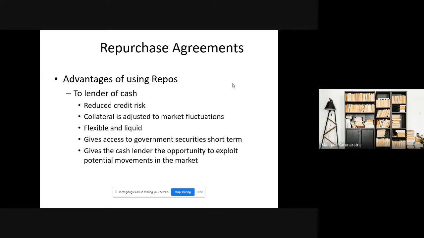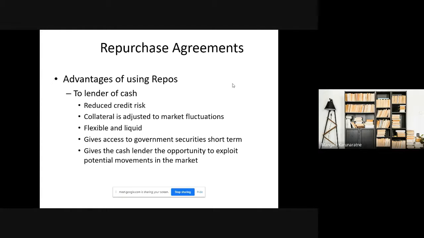Collateral is adjusted to market fluctuations. We discussed this earlier. What are market fluctuations? Market interest rates, right? So when market interest rates go up and down, the collateral will be adjusted.